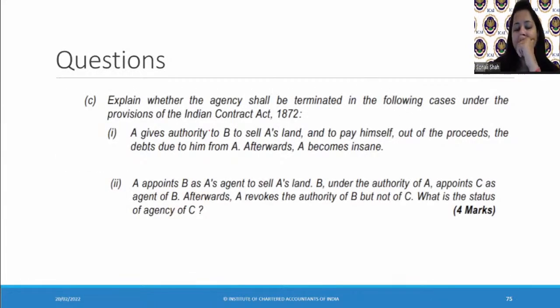Look at this question. Explain whether the agency shall be terminated in the following cases under the provisions of the Indian Contract Act. First, A gives authority to B to sell A's land and to pay himself out of the proceeds the debts due to him from A. Afterwards, A becomes insane. Can this authority be terminated?